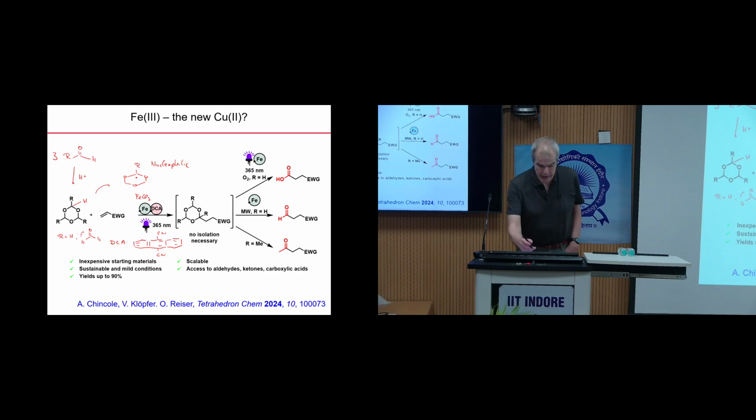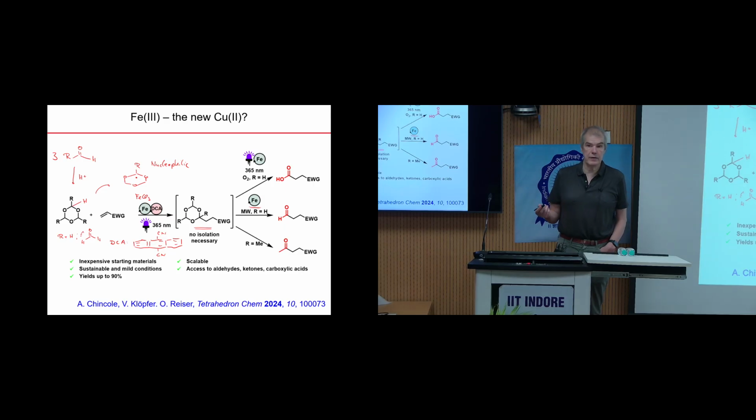And so in this case, if we are again able to get these type of adducts here, you can isolate them, but you don't have to. If you heat this up a little bit, so we're doing this at room temperature, but if you heat this up, for example, in a microwave, then in the first step the iron 3 is the photocatalyst, but then you can also utilize the properties of iron 3 as a Lewis acid.